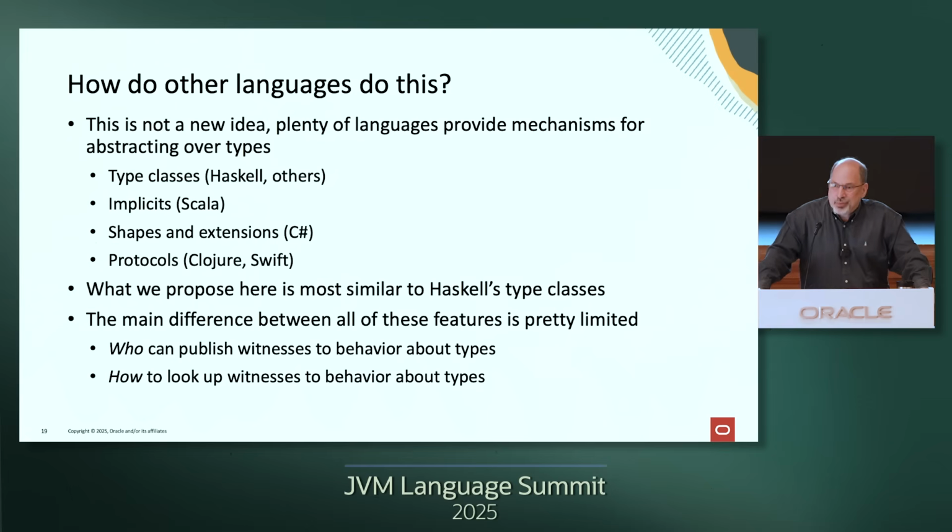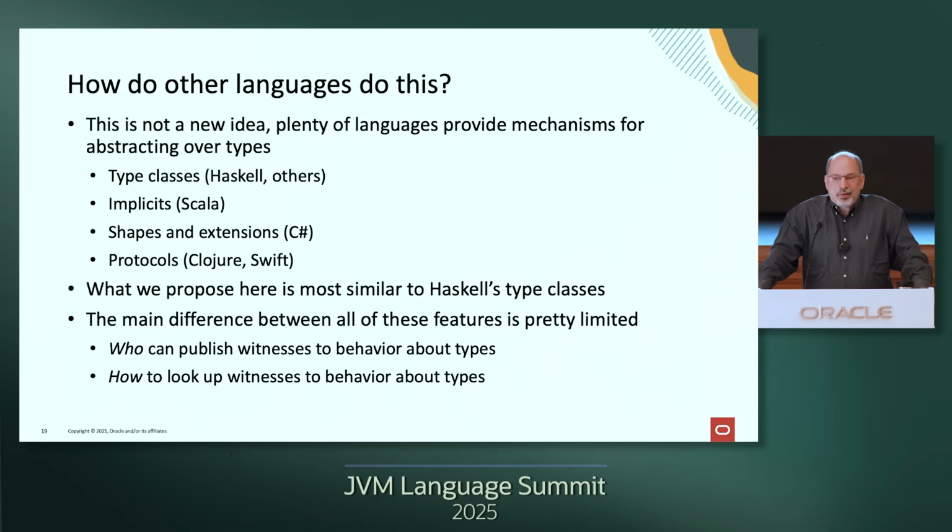Okay, so how do other languages do this? Many other languages have struggled with this very same problem. In functional languages, Haskell especially, there's a notion called type classes, which are almost like Java interfaces, except that they abstract over types and not over the behavior of the types. Scala has a more fine-grained, do-it-yourself type-level behavior construction kit called implicit parameters that can solve a lot of the same problems.